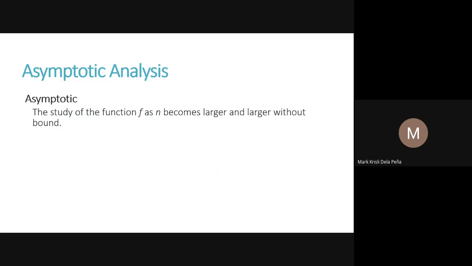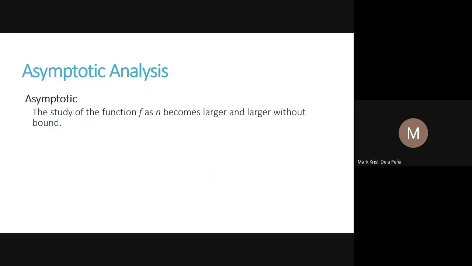Let's define first asymptotic. When we say asymptotic, we will study the function of n as it becomes larger and larger without bound. Thus we can perform analysis of an algorithm by estimating the number of primitive operations executed, up to a constant factor, rather than getting bogged down in language-specific or hardware-specific analysis of the exact number of operations that execute on the computer.